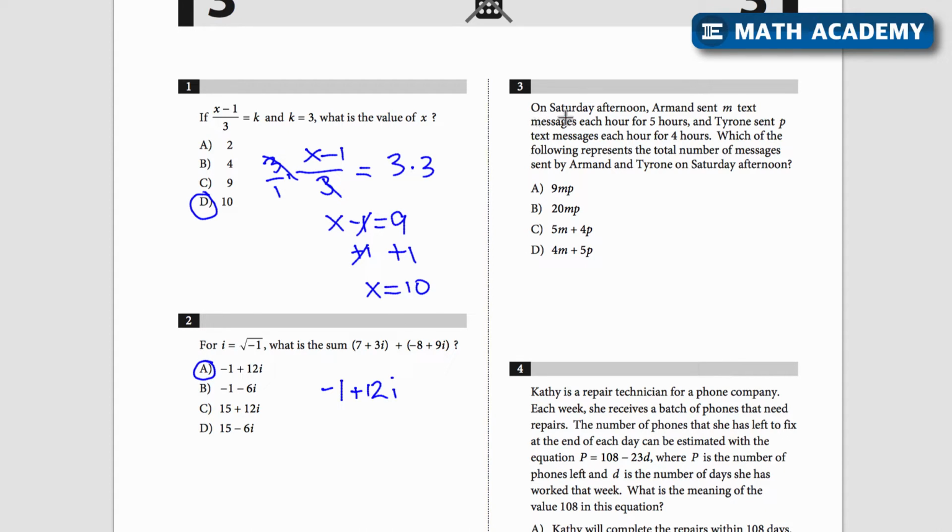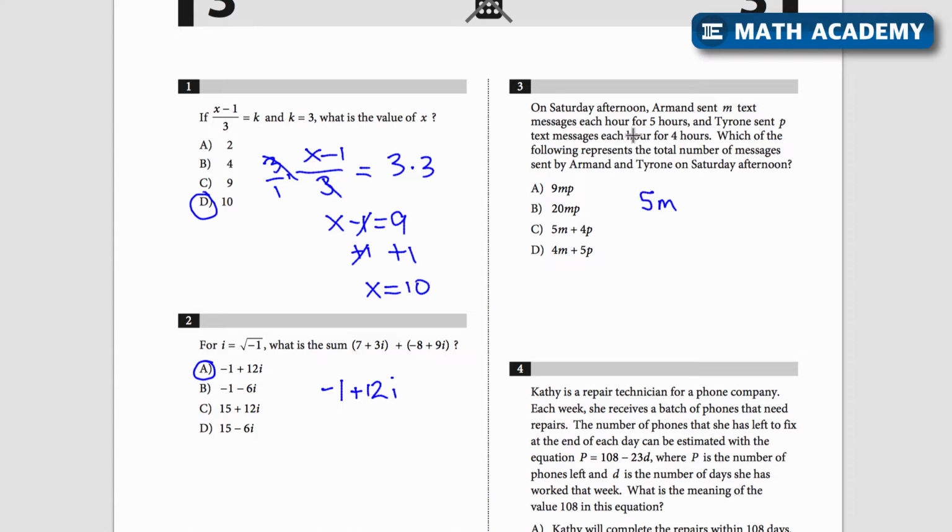Number 3. On Saturday afternoon, Armin sent M text messages each hour for 5 hours, and Tyrone sent P text messages each hour for 4 hours. Which of the following represents the total number of messages sent by Armin and Tyrone on Saturday afternoon? It looks like all the answer choices are in terms of M and P. Let's make sense of this. Armin is sending text messages for 5 hours, and each hour he sends M text messages, so that would be 5 times M for him.